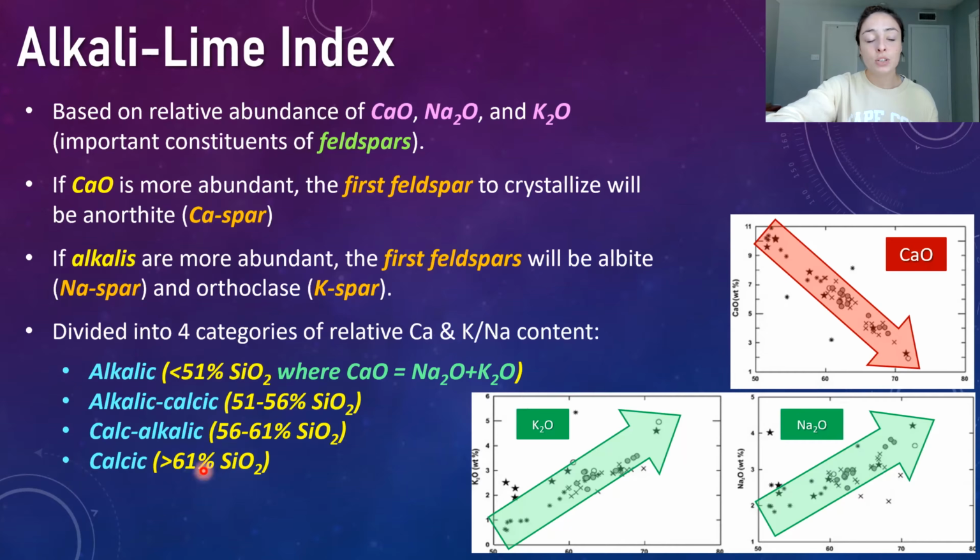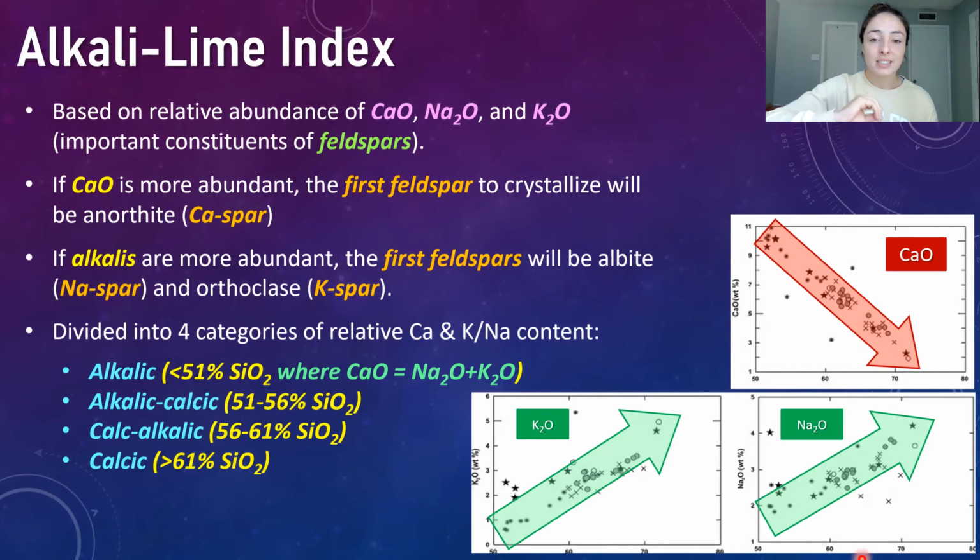And we can see these 4 terms are based on silica percentage. Now, this may become confusing because you're like, okay, well, we just talked about how it's just based on calcium and alkalis and their relative abundances, but we can classify them based on silica percent, because where the calcium oxide and sodium plus potassium oxide curves, as shown on these Harker diagrams, intersect is at a specific point on the x-axis, which will give us a silica percentage value.